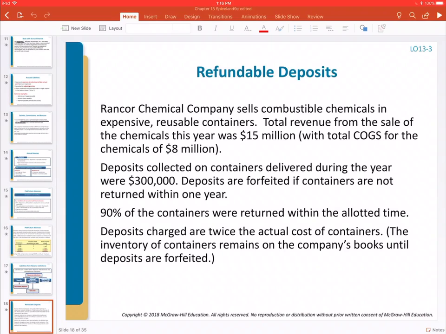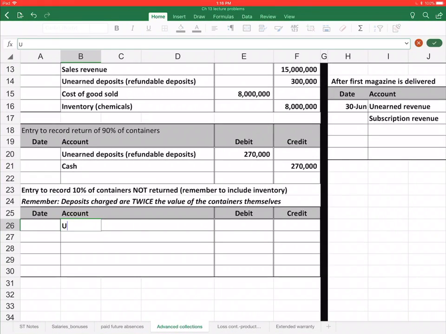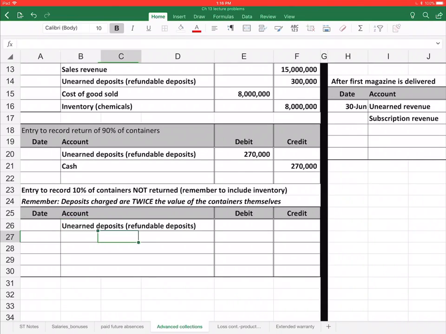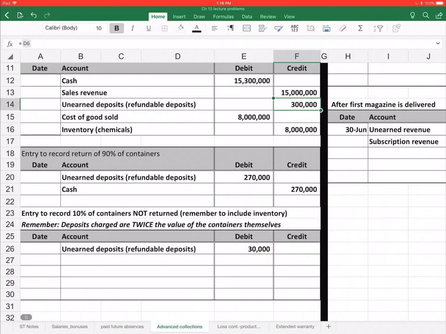So what we have remaining is $30,000 of unearned deposits, or refundable deposits, because we received $300,000 worth of unearned deposits.